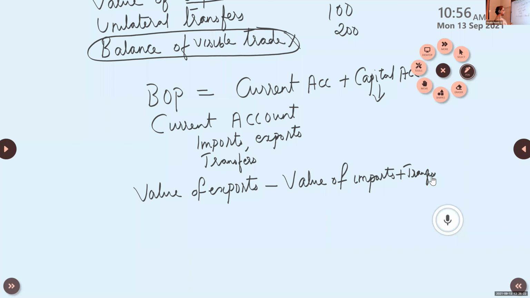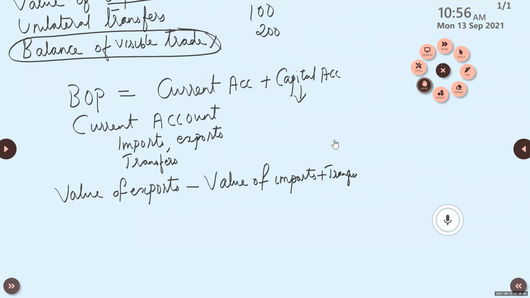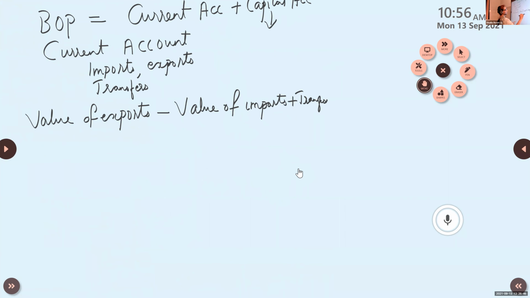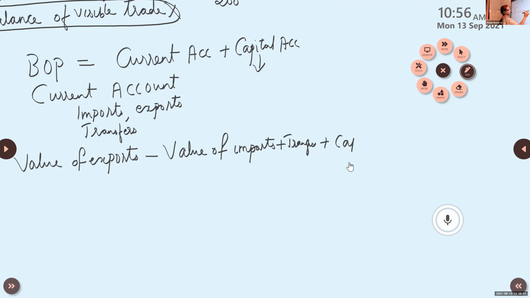So here we got the current account balance. With this, what we have to do? We have to add or reduce the capital account. Yes, we have to add capital account.